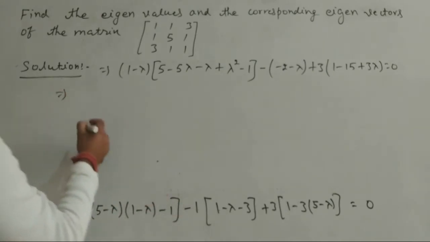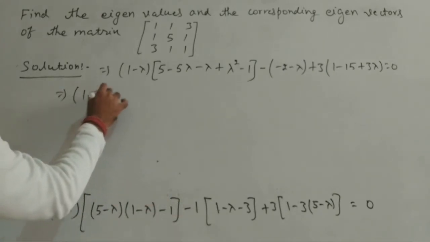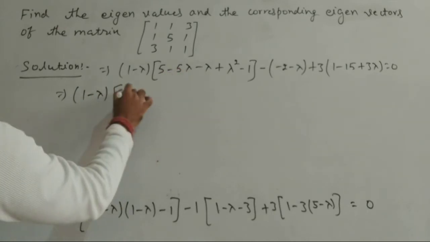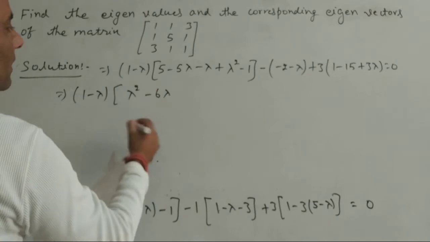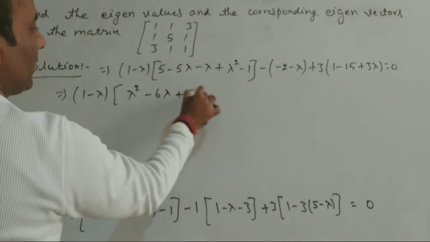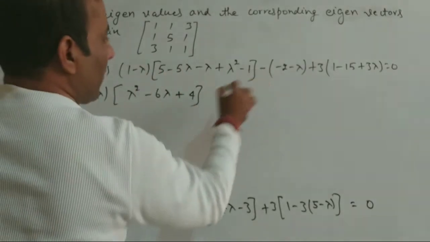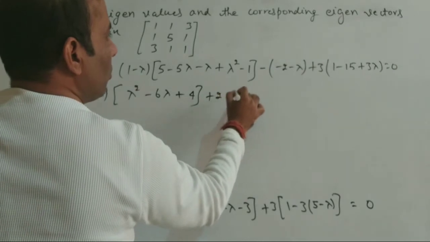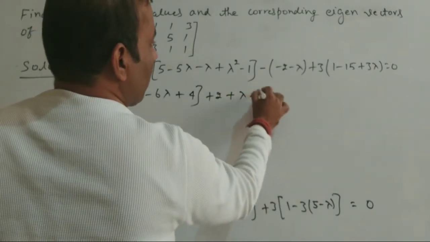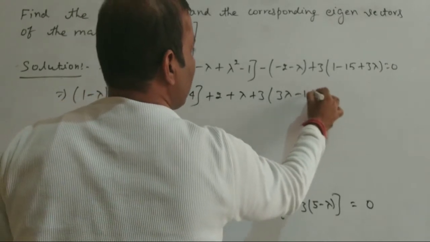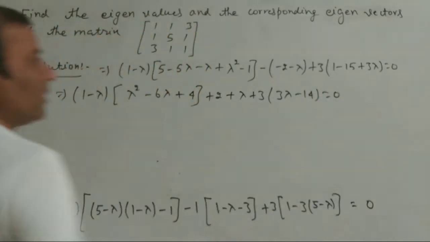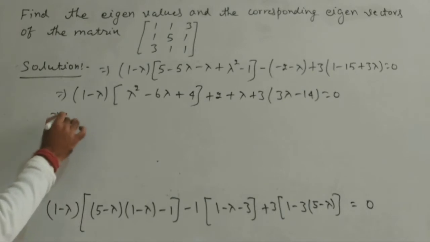So 1 minus lambda into (lambda square minus 5 lambda minus lambda, that is minus 6 lambda, plus 5 minus 1, that is plus 4), minus minus becomes plus 2, plus lambda, plus 3 into (3 lambda, 1 minus 15, that is minus 14) equals 0.